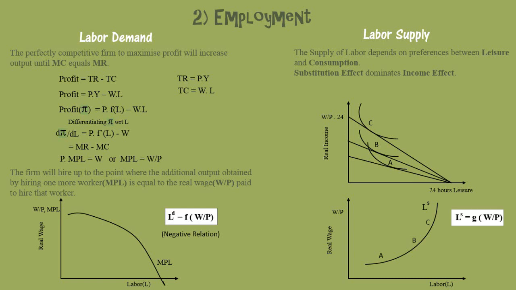So what we understand is that labor supply is a function of real wage and it is positively related to it. As we saw in labor demand, firms will demand labor as long as real wage is less than the marginal product of labor, which means labor demand is negatively related to the real wage. But in labor supply, individual workers will supply labor as long as they're getting a higher real wage. So our labor supply is positively related with the real wage.